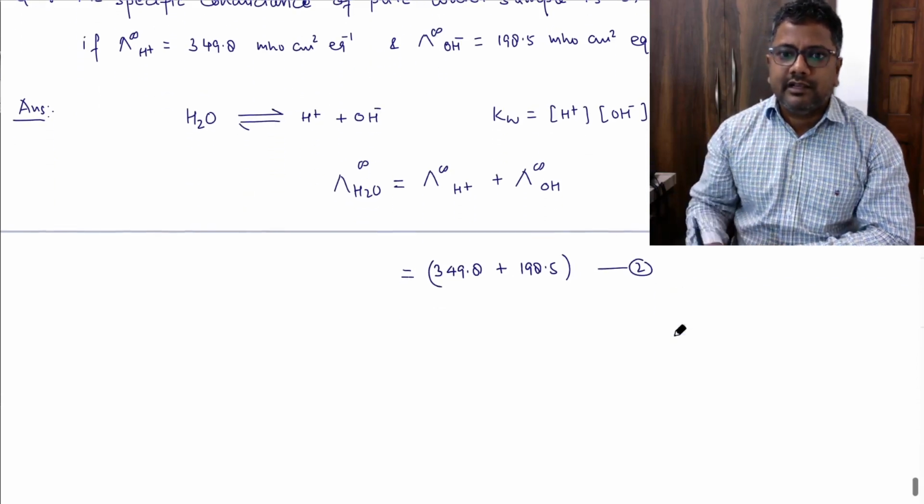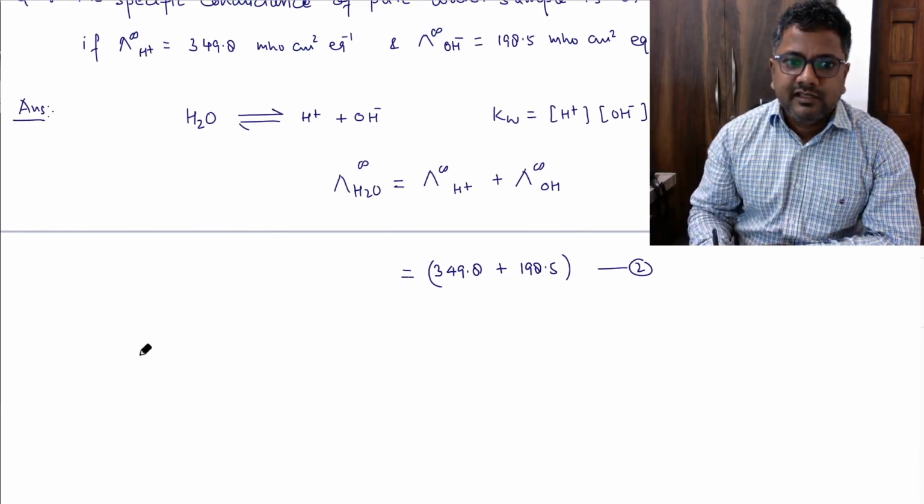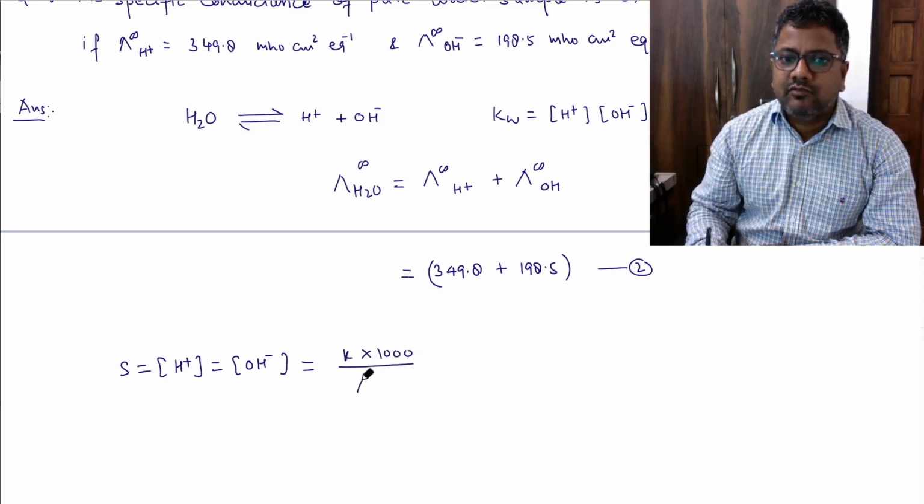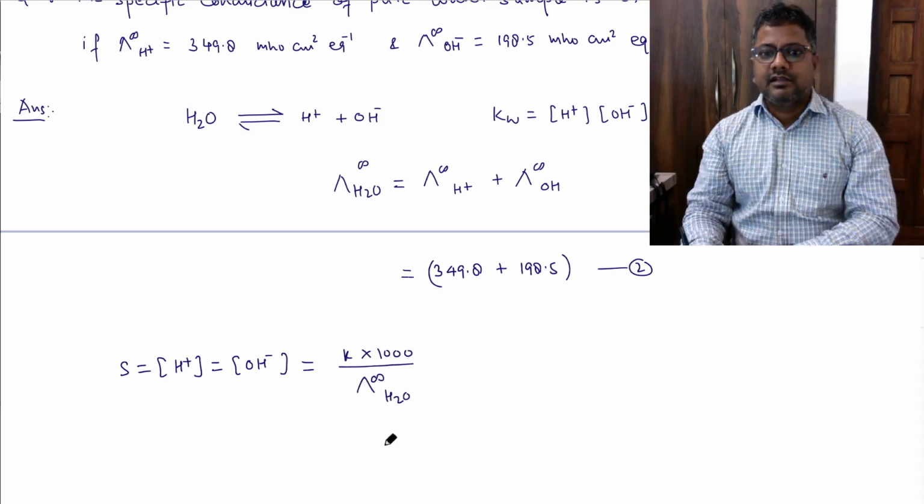So now we can use this formula. S is equal to concentration of H plus is equal to the concentration of OH minus. This is equal to kappa into 1000 by molar conductance at infinite dilution for water, right?